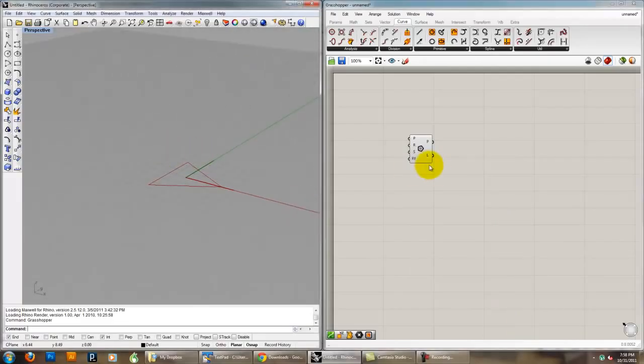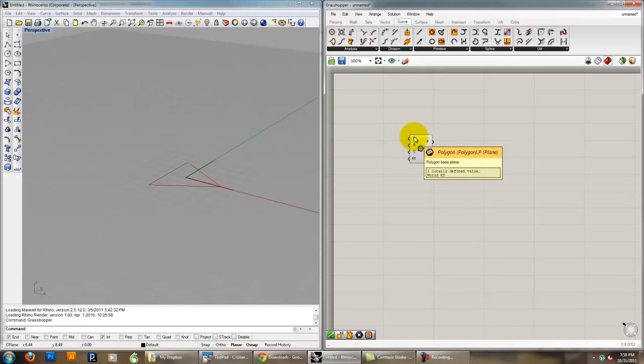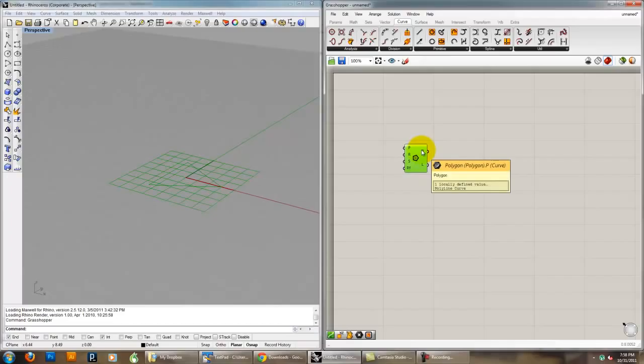Okay, so I got basically a triangle, and that triangle has a base plane and some kind of radius, and again the number of sides, 3. The polygon gives us the polygon curve itself, and that's what we're going to be manipulating.